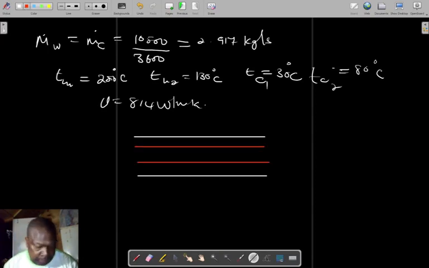So we have, it is a counterflow. So we have a fluid flowing like that, and the other flow being like that. Something like that.